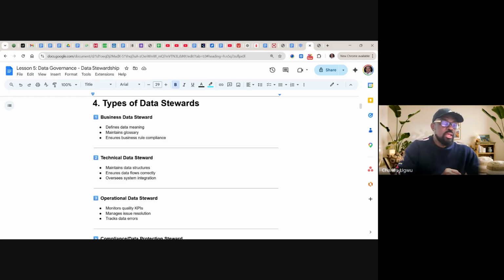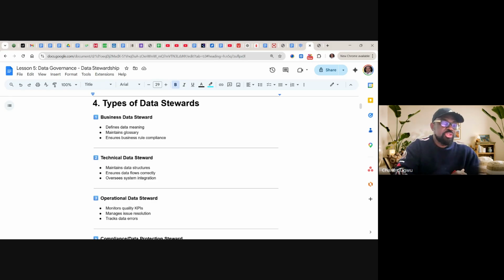Okay, then we have the technical data steward. Technical maintains data structure, like we say, technicality, the enforcement, building it, the framework, the tools used in data. So they are more of the technical aspect, not front end.